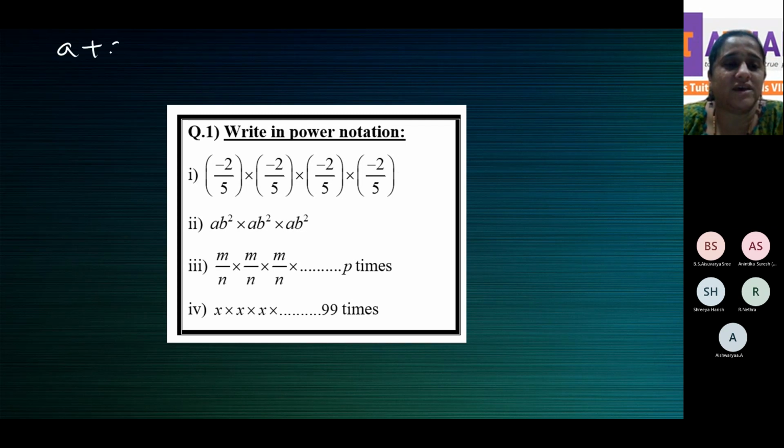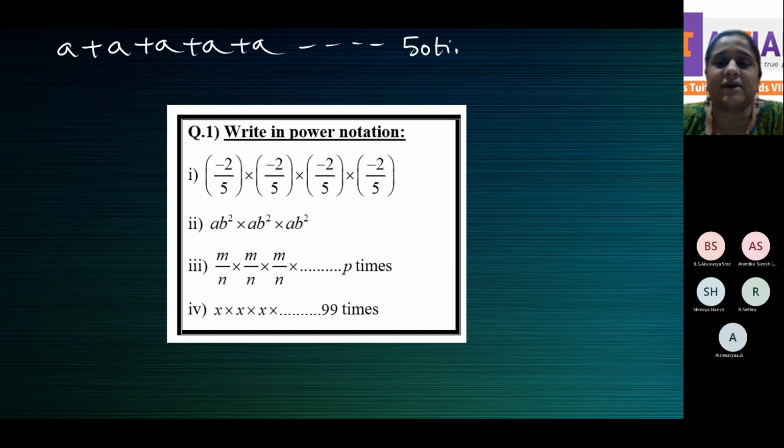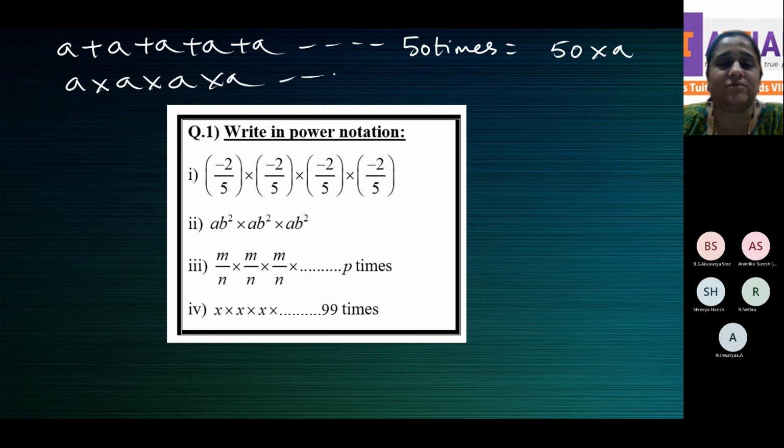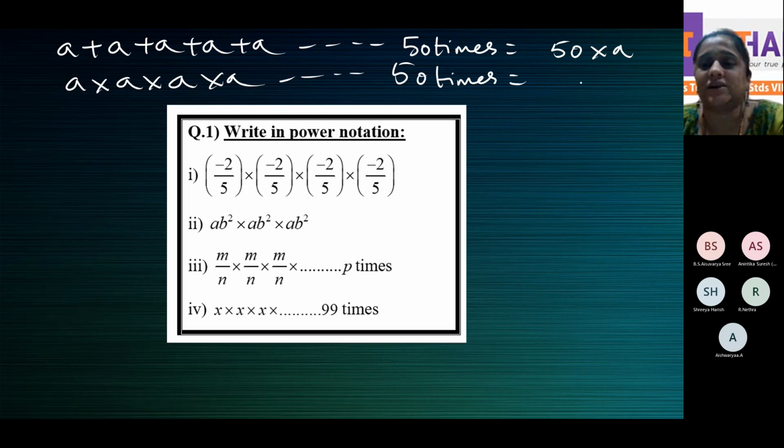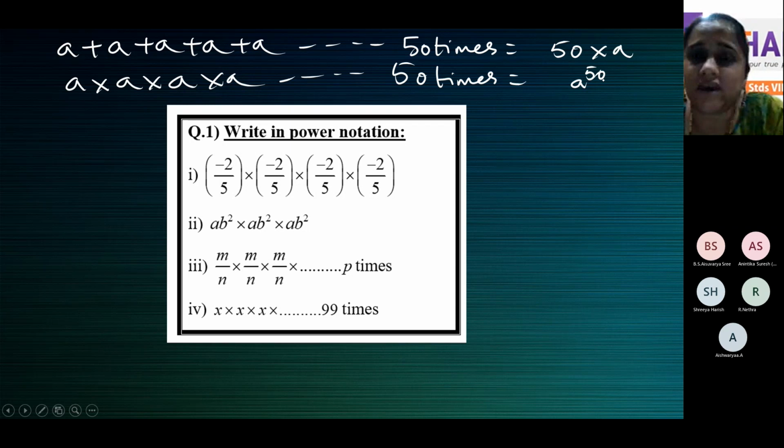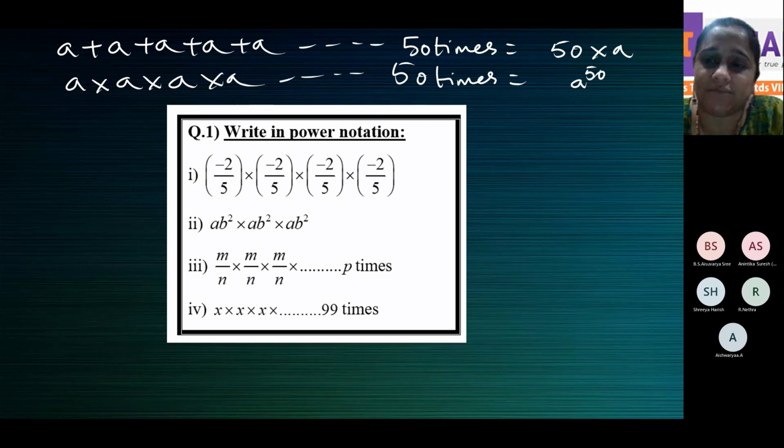So a plus a plus a plus a plus a, say some 50 times, is written as 50 into a, while a into a into a into a, 50 times, is a to the power 50. That's the difference. 50 into a means a is added to itself 50 times.